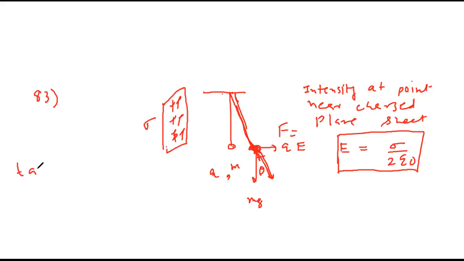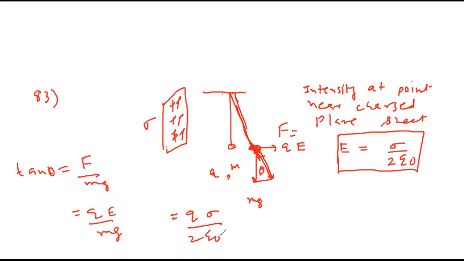So from the figure, tan theta is the opposite side, that is the electrical force, upon the adjacent side, mg. Electrical force is QE, so tan theta is QE upon mg, which is Q sigma upon 2 epsilon naught into mg. So theta is tan inverse of Q sigma upon 2 epsilon naught mg.